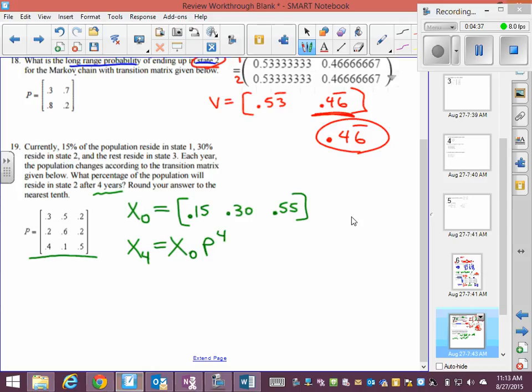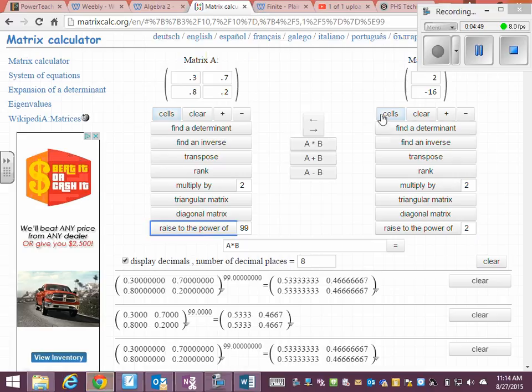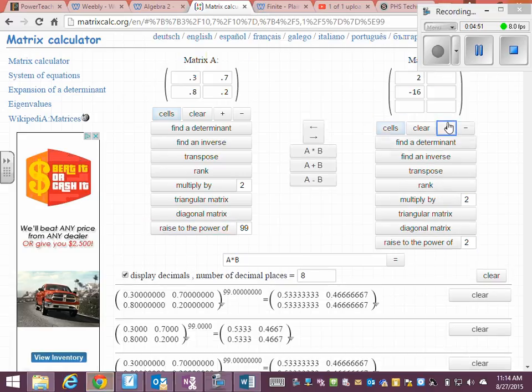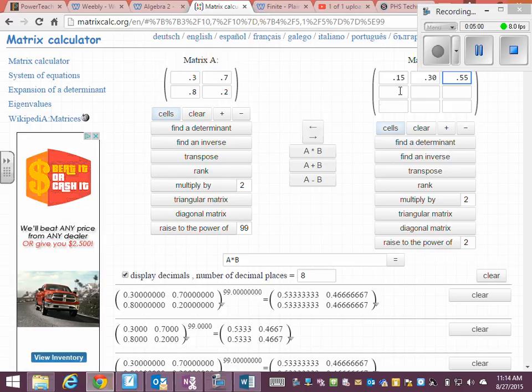And so if I'm going to do that, I'm going to go back to my calculator again because I just need to multiply some stuff. X0 was 15, 30, 55. So I'm going to enter in, let's clear that. It was 15, 30, and 55.